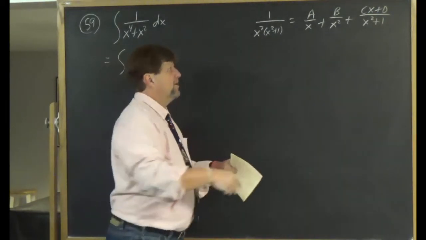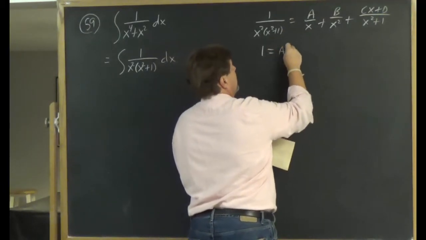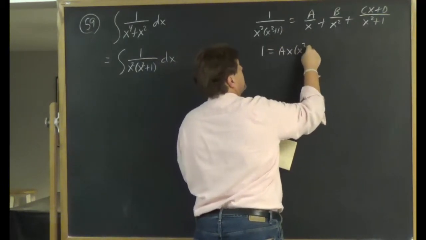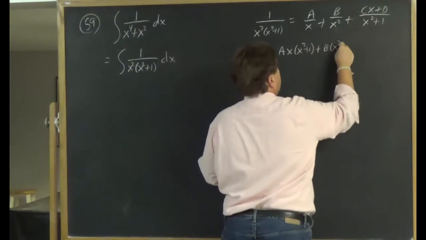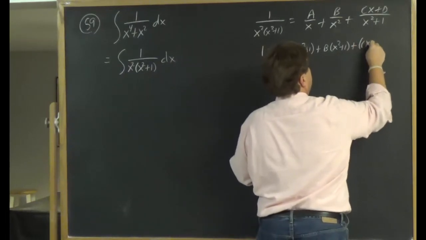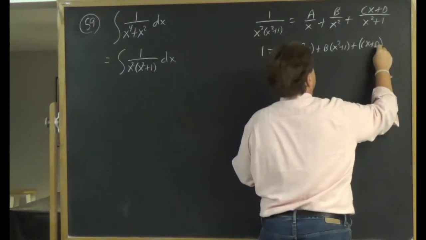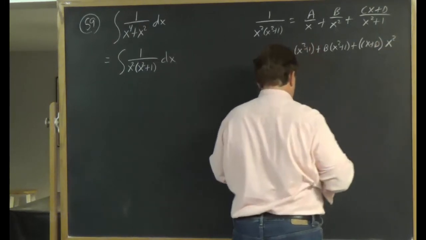And if I multiply both sides by the LCD, I would get 1 equals Ax times x squared plus 1 plus B times x squared plus 1 plus Cx plus D times x squared.